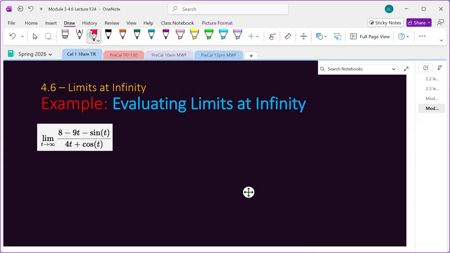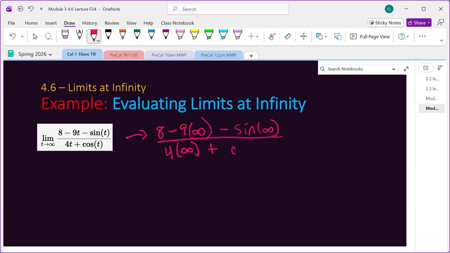So as it stands right now, if I tried to plug in the infinity, I get 8 minus 9 infinities minus sine of infinity over 4 infinities plus cosine of infinity.